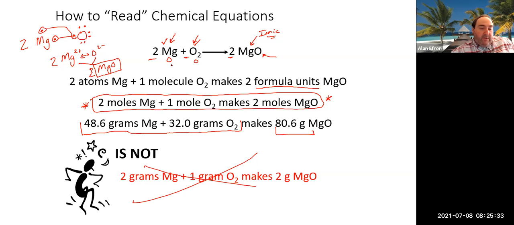But these go from their elemental form by themselves, uncombined, to it's only when these guys start to hook up that they do gain those charges. And at that point, oxygen no longer has the 2 on the bottom. It becomes an ion, and then we need to balance it out based on the charge. Other questions on that?